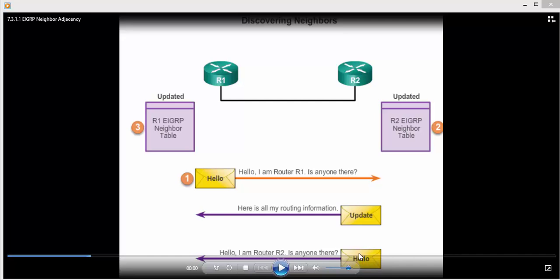After both routers have exchanged hello packets, the neighbor adjacency is established. R1 and R2 update their EIGRP neighbor tables, adding the adjacent router as a neighbor.